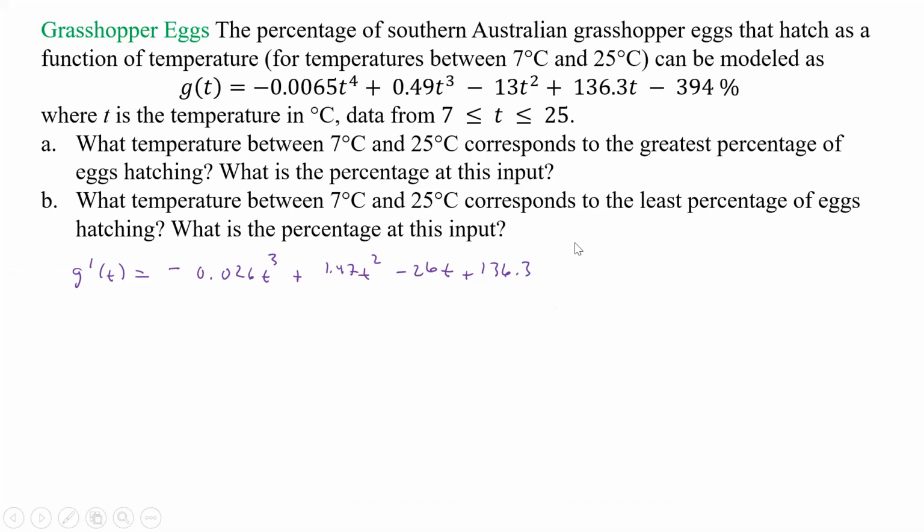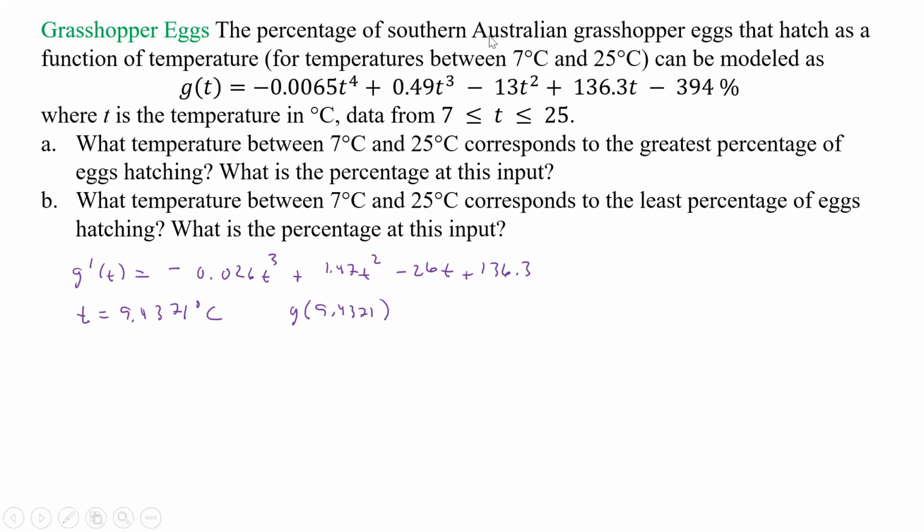So what we have then is our t is going to be 9.4371. And now we probably should start putting temperature, degrees, everything else. What temperature between those corresponds to the greatest percentage of eggs hatching? All right, so that was this, degrees C. And what is the percentage of that input? Well, now we need to find what G of 9.4371 is, okay?